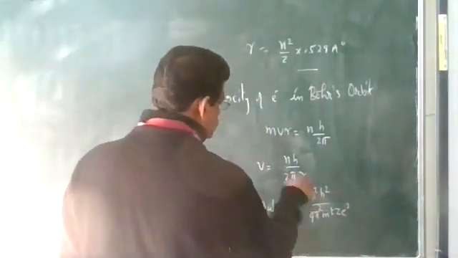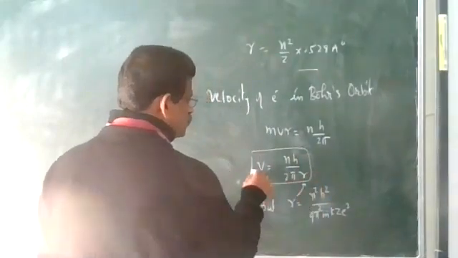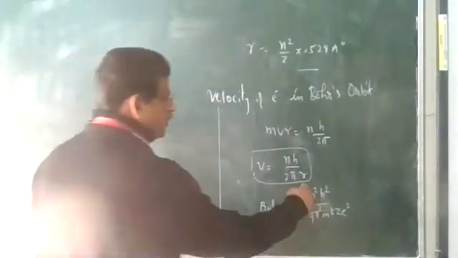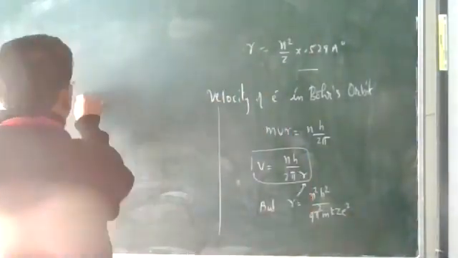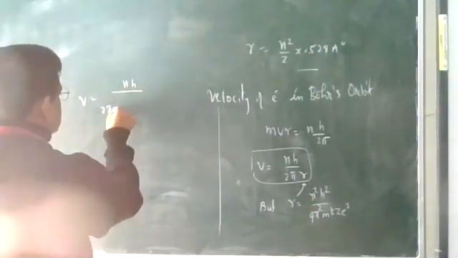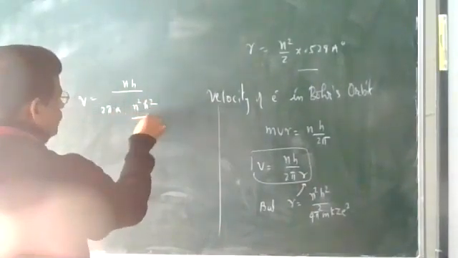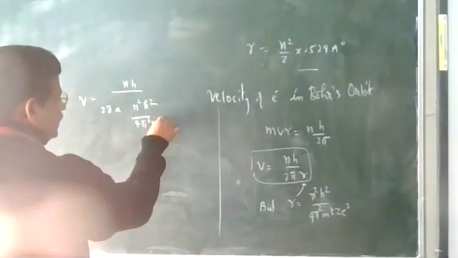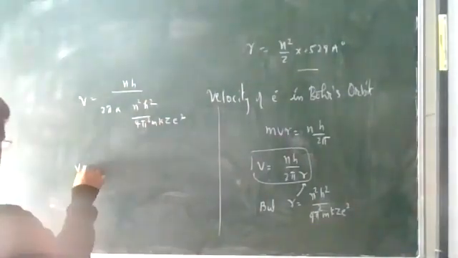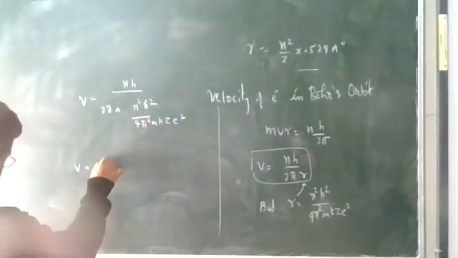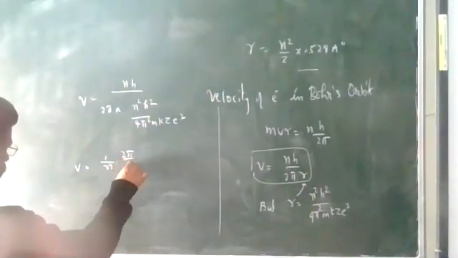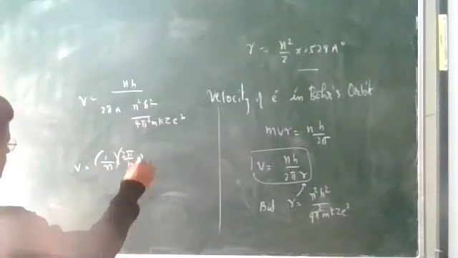The value of r is substituted in the equation V equal to nh by 2 pi r. So we get velocity in different parameters. Substituting the value of r in this equation, velocity is equal to nh divided by 2 pi into n square h square divided by 4 pi square k m Z e square.